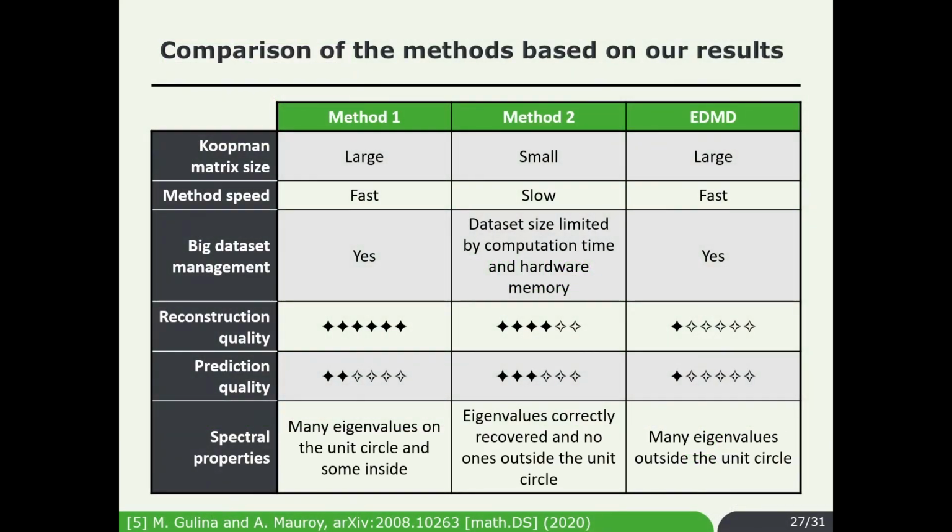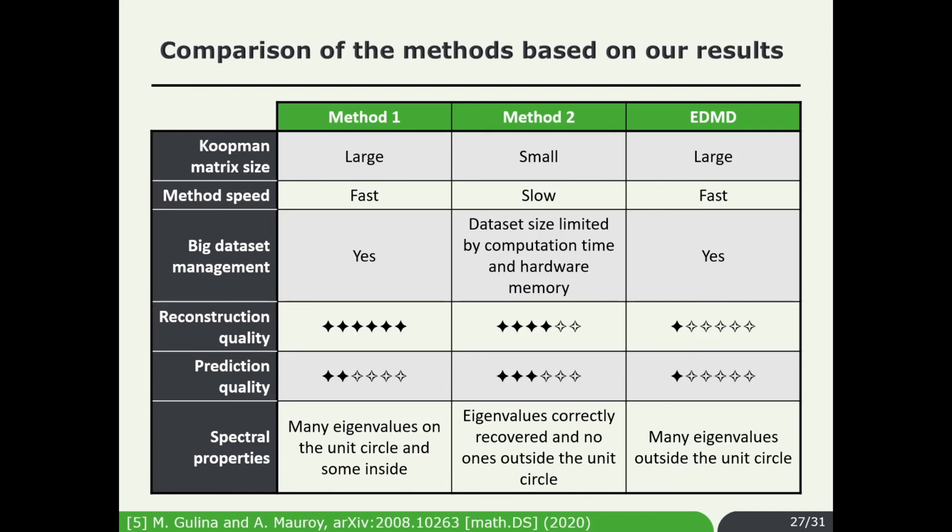The first point approached is the comparison of the methods based on our results. The first method provides the best reconstruction results, since it exploits all the internal states of the reservoir rather than a few linear combinations of them.